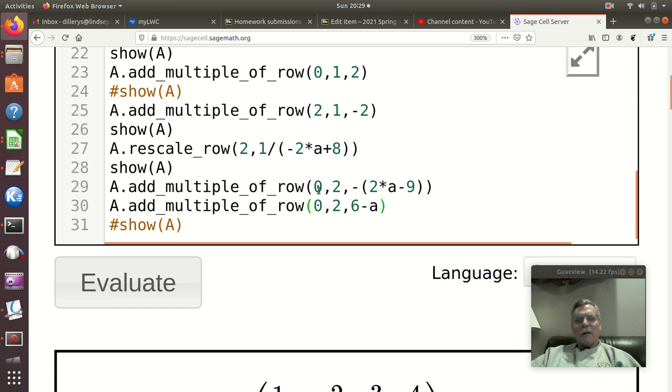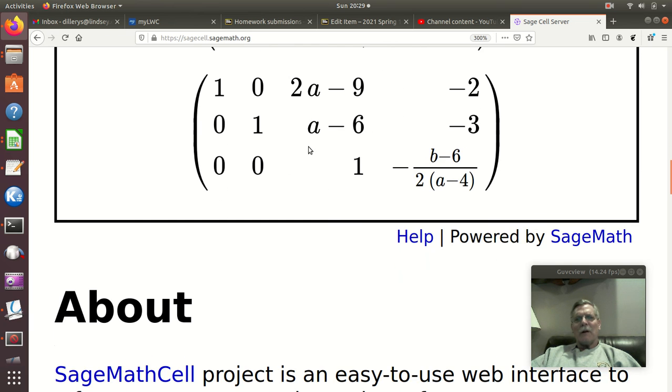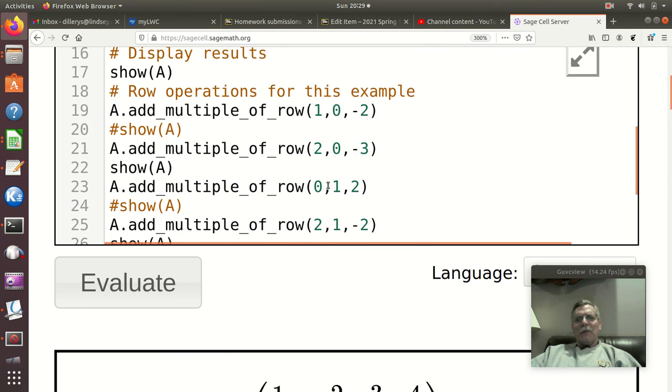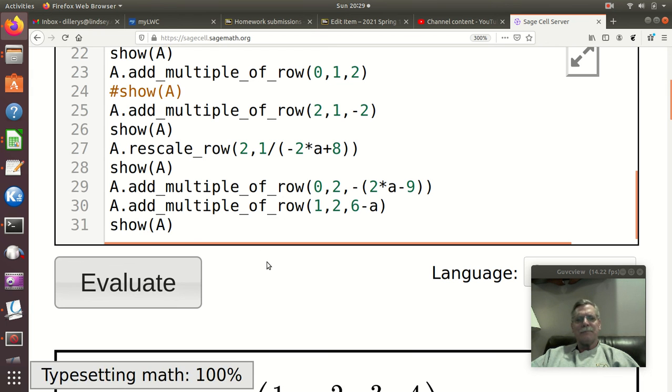And now we need to do this in row 1. But again, remember we had a minus 6, so I need that negative. So probably the safest way to go is the negative with the parentheses and just rewriting what you had. But again, if you're brave and so forth, you can do the 6 minus a. We'll show that result.